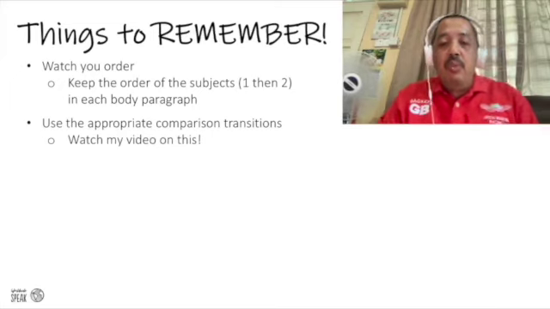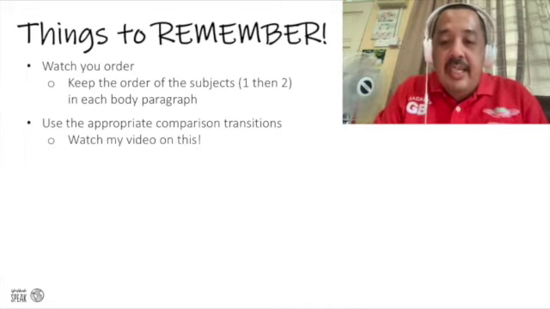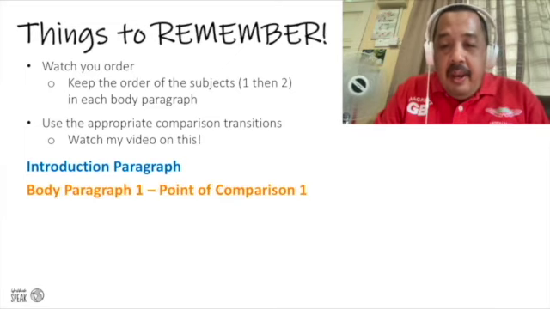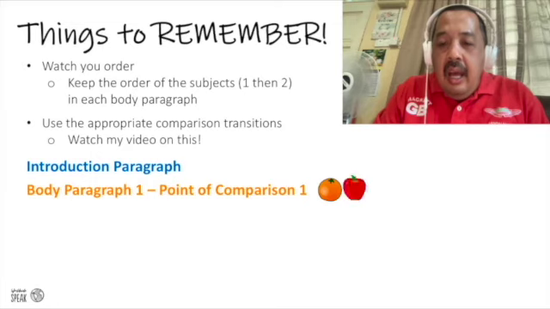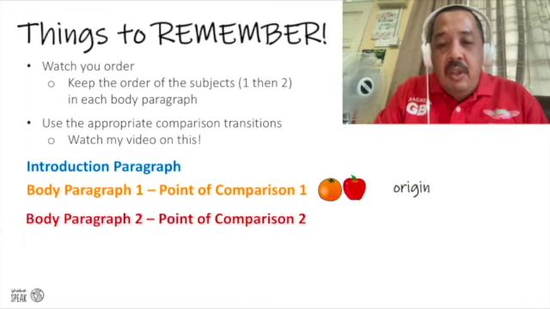And lastly, before we close, let us review the point by point method for a comparison and contrast essay. So we have our introduction paragraph, we have body paragraph 1 with point of comparison 1, and we make sure to follow the correct order. For us, it was oranges and then apples, and our point of comparison was the origin of the fruits.